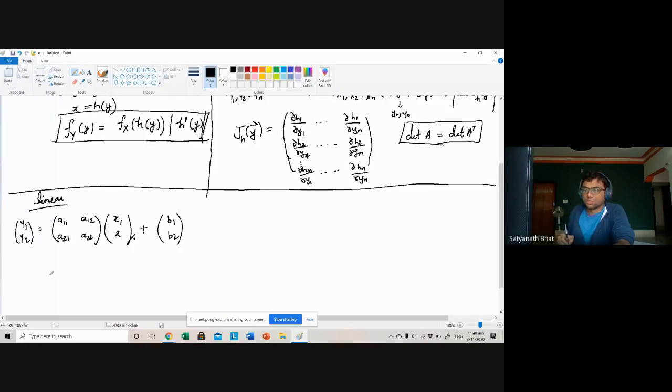So this is a linear case. You can write it compactly as y is equal to Ax plus b. Further, let us assume that A is invertible, which means A inverse exists. So if you use the inversion, we can get x is equal to A inverse of y minus b.